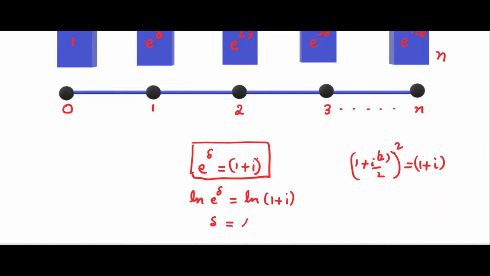Then delta is ln 1 plus i. If i is given, you can find delta. If delta is given, you can find i. If i is 10%, you can find corresponding delta. If delta is given, then put here and find i. i is e power delta minus 1.